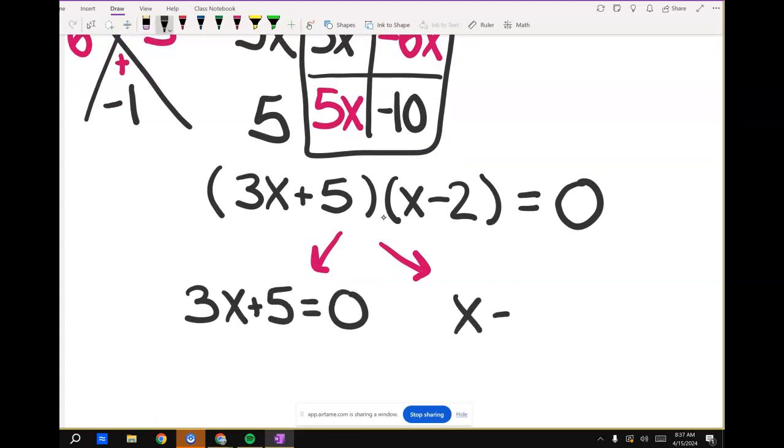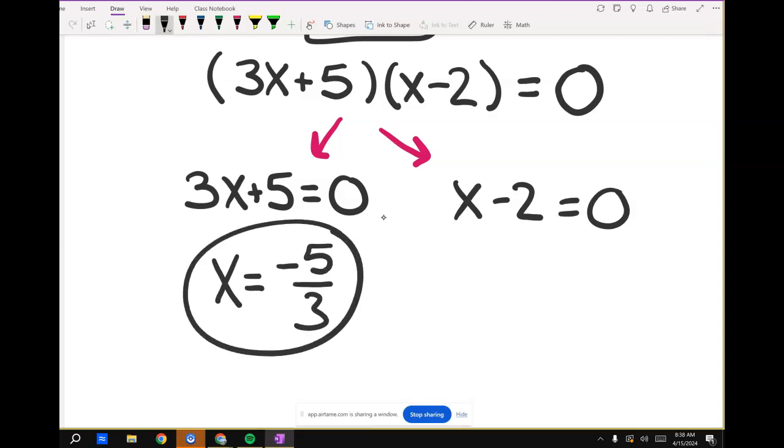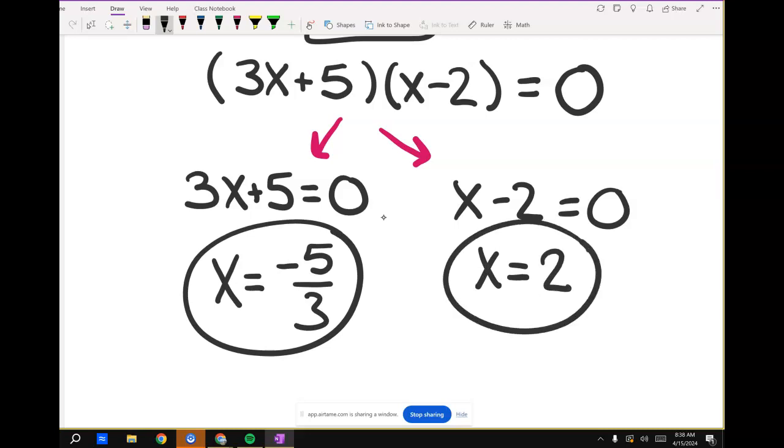Also, x minus 2 is equal to 0. So we just go through and solve both. This one would be x is equal to negative 5/3. This would be x is equal to positive 2. To get negative 5/3, we subtract 5 from both sides, then divide by 3. Here you just have to add 2 to both sides.